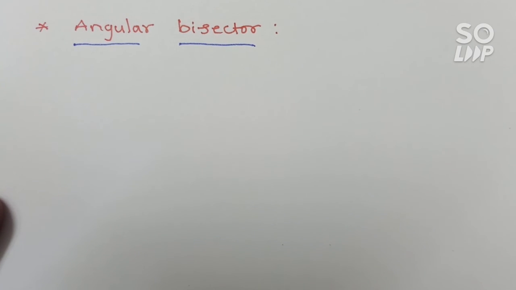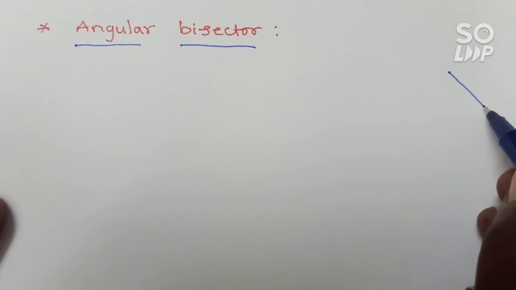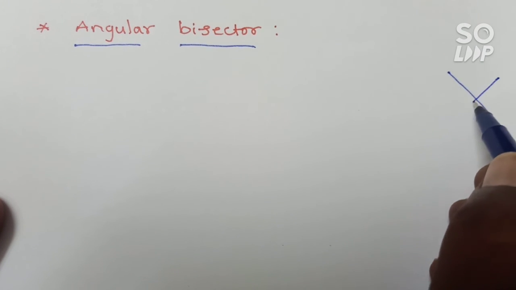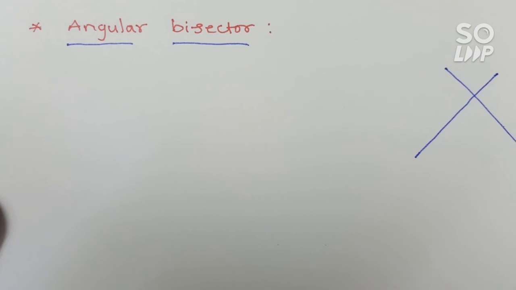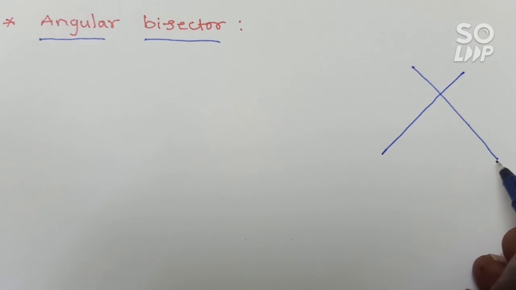One definition is, suppose you take two intersecting lines.